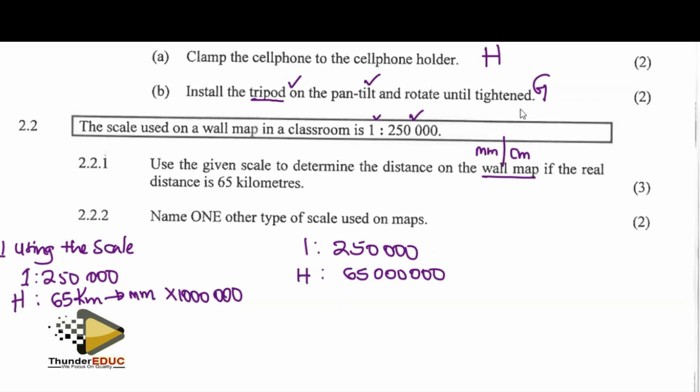The number has to be 65 million divided by 250,000. So the answer we have is 260 millimeters. Those who have used centimeters will have 26 centimeters.